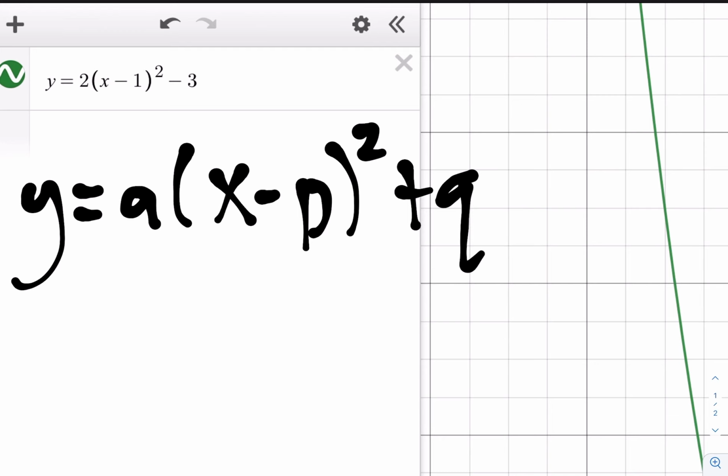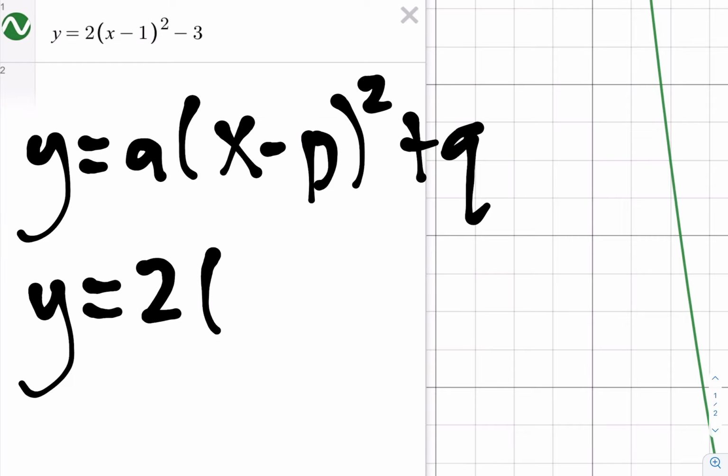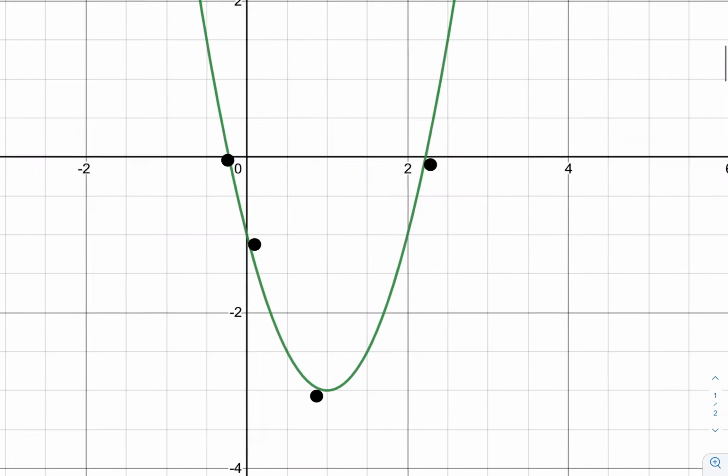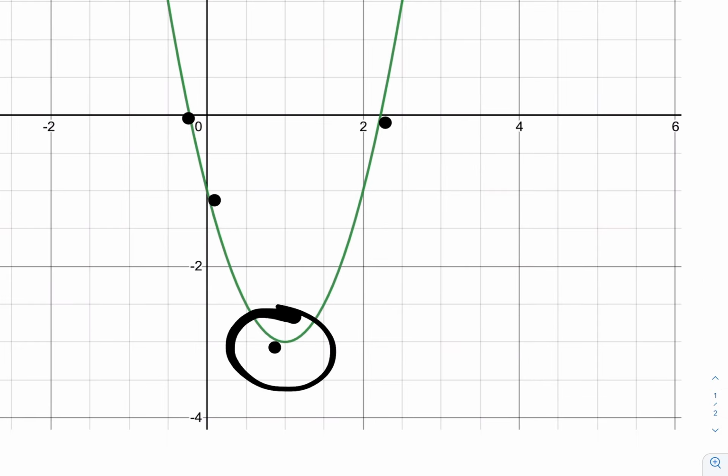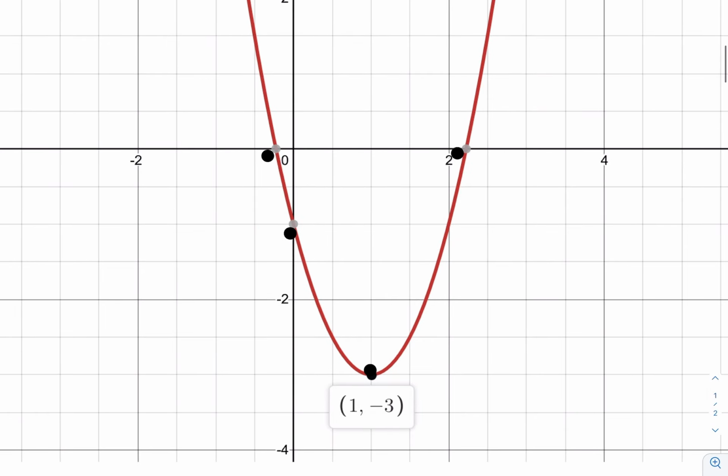So let's say we didn't know the vertex form. Let's say we only knew the general or standard form. We knew that the a value was 2. So the 2 is going to be on the outside. We know it's going to be x minus p. What's our p? Well, p is going to be the x coordinate of this vertex. So let's just go over here. We know it's going to be 1, because if I graph it in Desmos, the x coordinate is going to be the first number in this ordered pair.